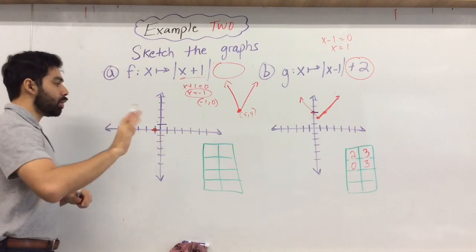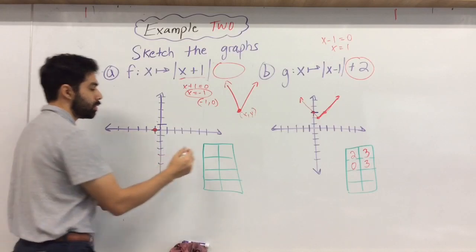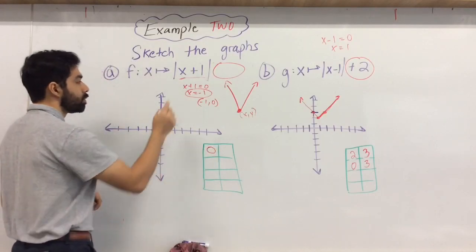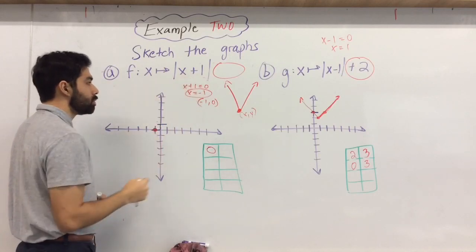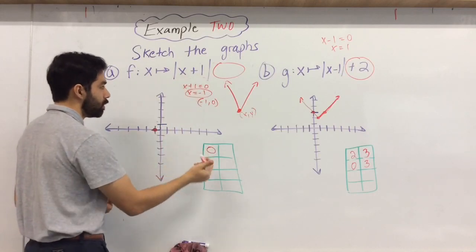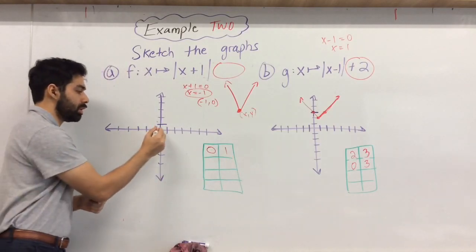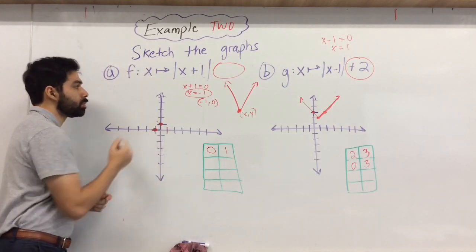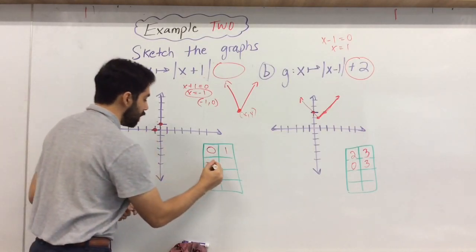Okay? Let's go with something on the right side. So let's plug in 0. 0 plus 1 is just 1. So when I plug in 0, I end up just getting 1. So 0, 1. Let's go ahead with negative 2, something on the left side.